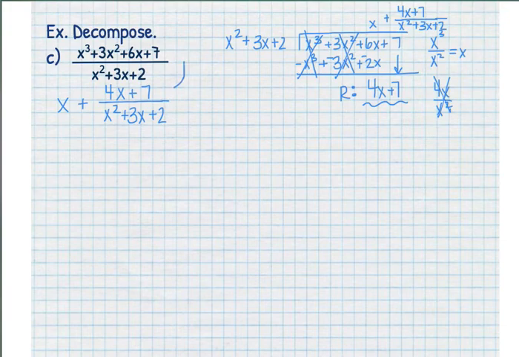Now, we're just going to decompose that 4x plus 7 over x squared plus 3x plus 2. But we still need to have our x in our answer because it's part of the decomposition. Okay, so first of all, I'm going to put x plus.